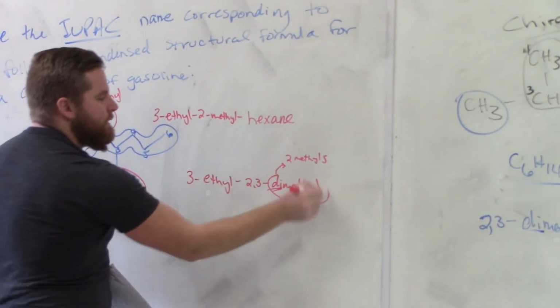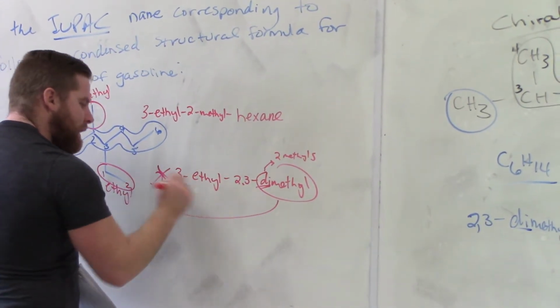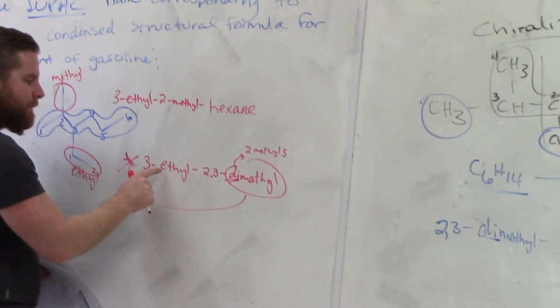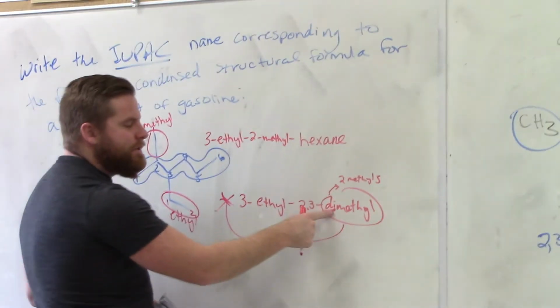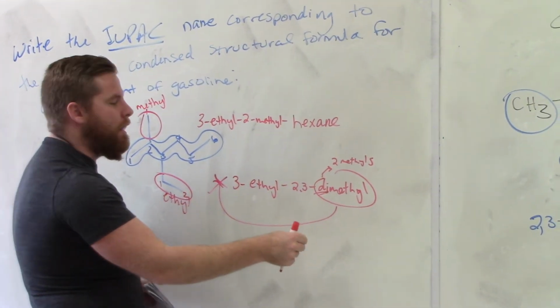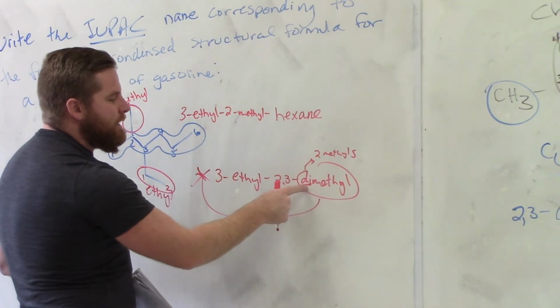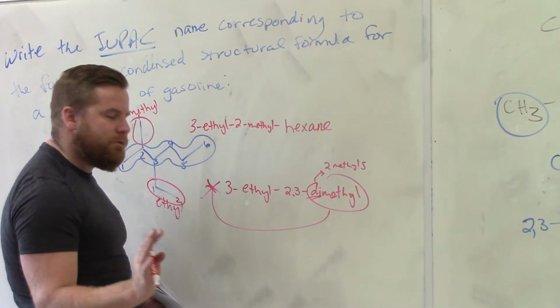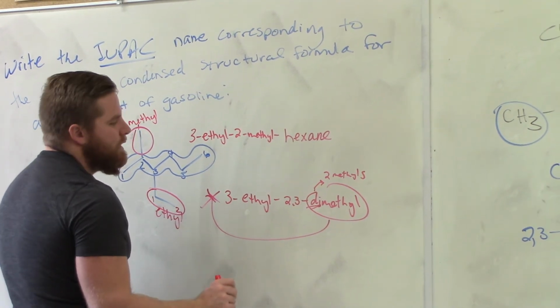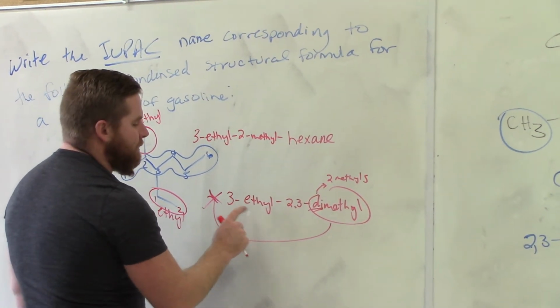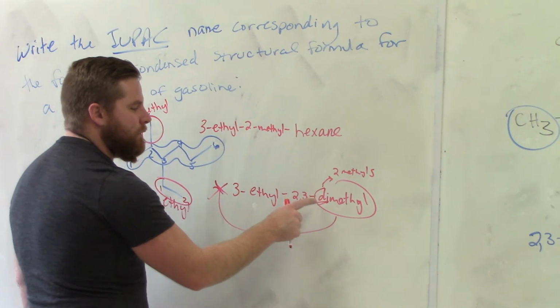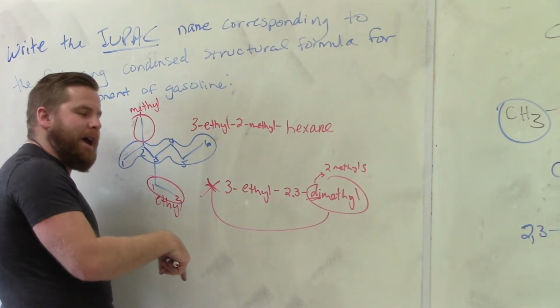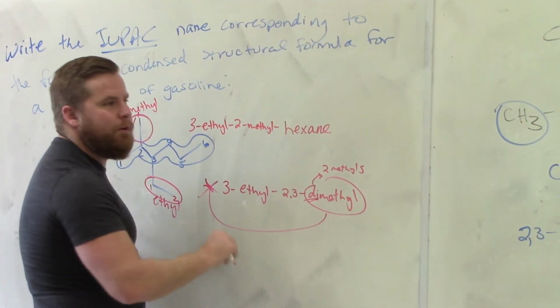I wouldn't put the dimethyl in front of that. I wouldn't do that because the di just indicates how many methyl groups there are. This doesn't indicate the type of side branch. So it doesn't count when we look at alphabetical naming. So it stays 3-ethyl, 2,3-dimethyl. Even though D comes before E in the alphabet, we don't use that when we're naming the order.